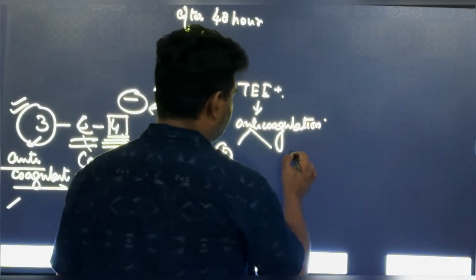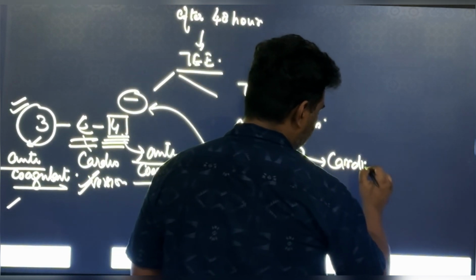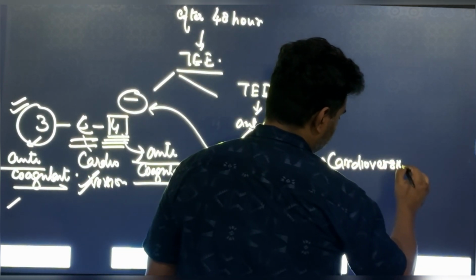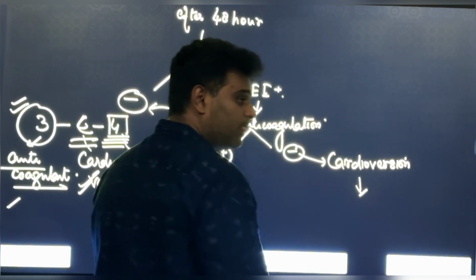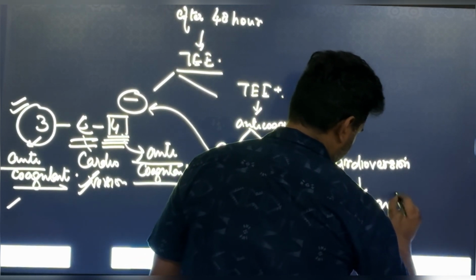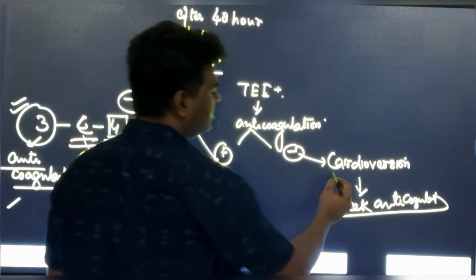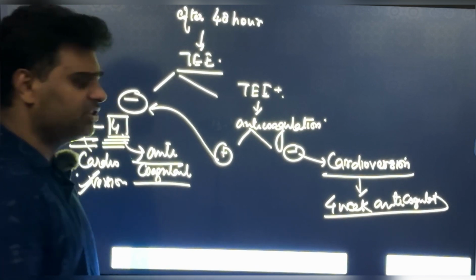And if there is no clot, you will do cardioversion right there, and then you will give 4 weeks of anticoagulation. The reason is the same: even after the cardioversion, a clot can be formed.